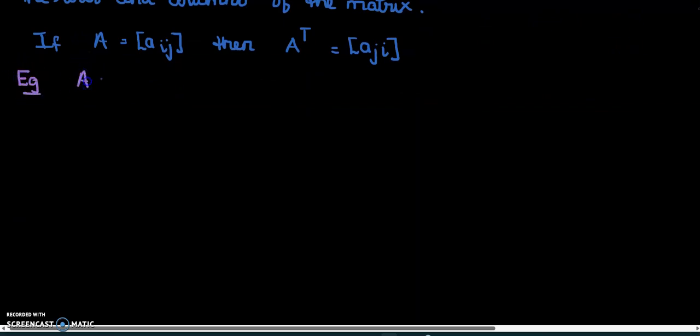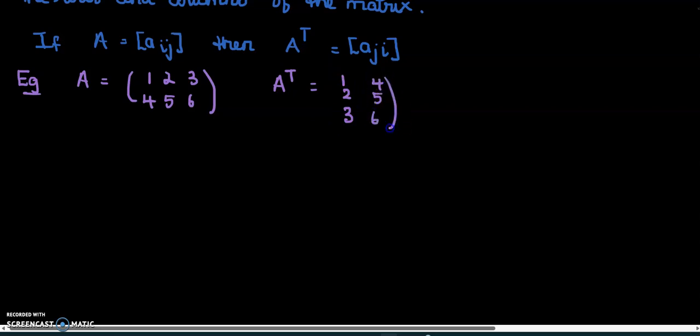So if we have matrix A which is equal to 1, 2, 3, 4, 5, 6, we have 2 rows and 3 columns. The transpose of A will now have 3 rows and 2 columns. So we're interchanging the rows and columns. So the first row becomes the first column and the second row becomes the second column.